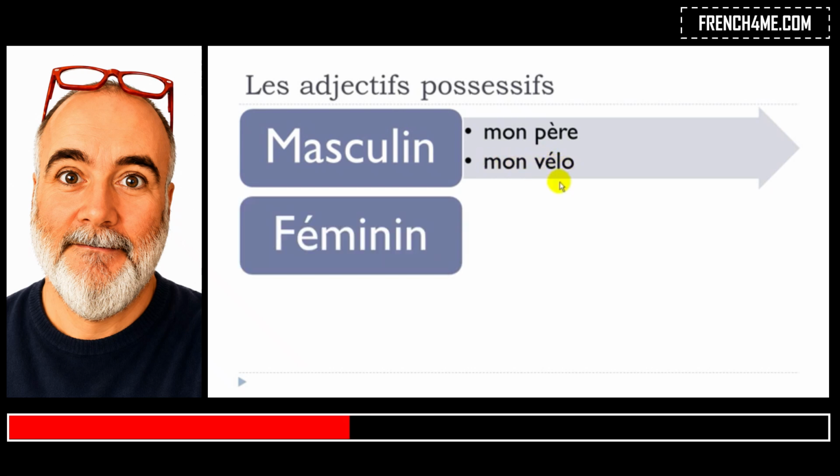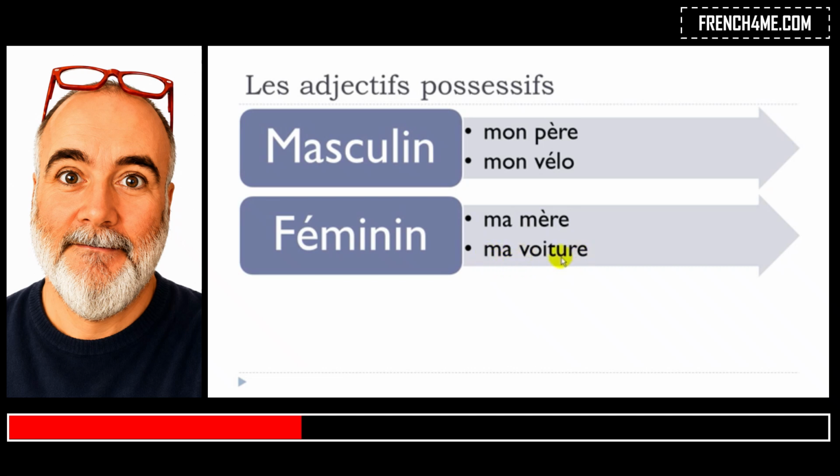All right, let's see now two examples for the feminine. Mother, mother is feminine, and then you will have ma mère. Ma mère, my mother. Here you've got voiture, voiture means car, and it's feminine, so une voiture. Same thing here, you will put the feminine form, ma voiture.